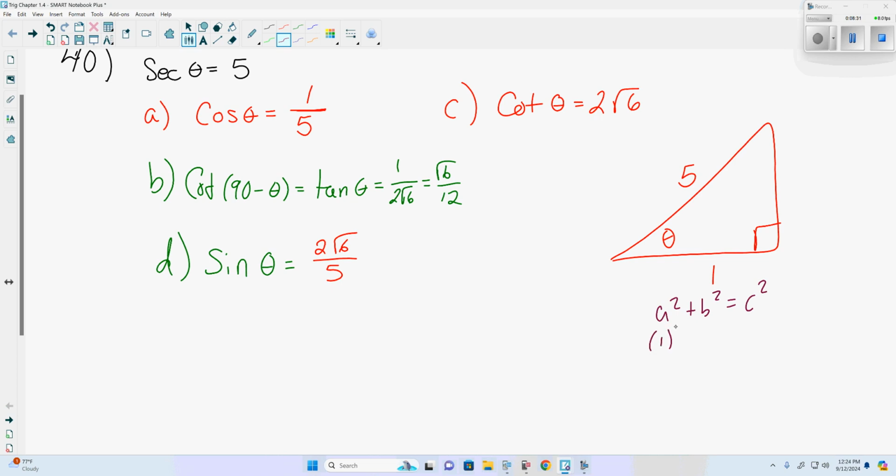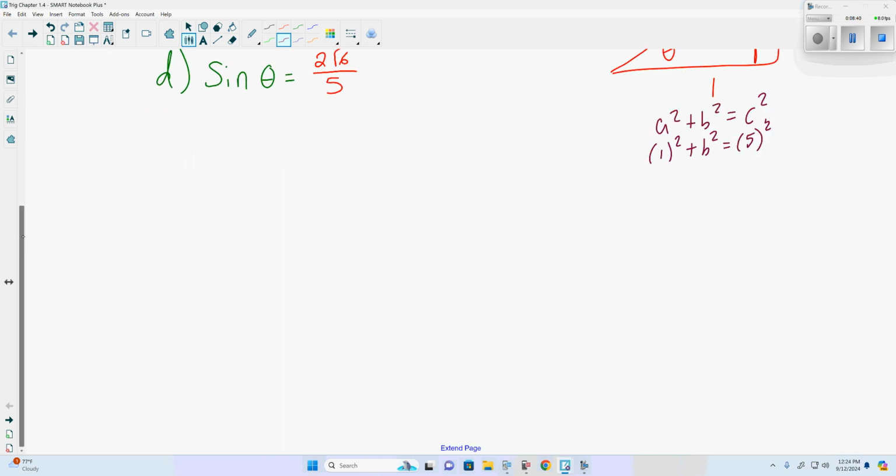One of our sides is 1, don't know the other, and c is 5. Well, 1 squared is 1, plus b squared is equal to 25. We minus 1 from both sides, telling us b squared is equal to 24, square root both sides, so b is 2 square root of 6.